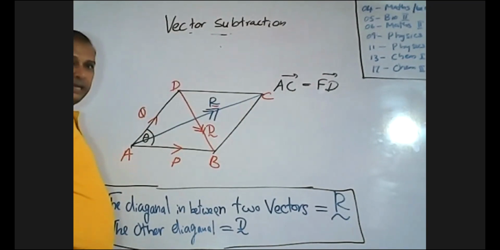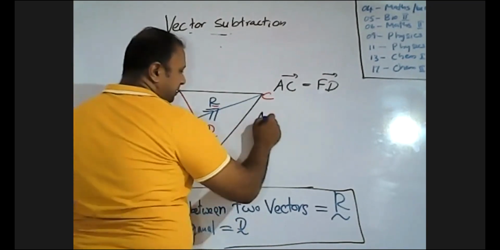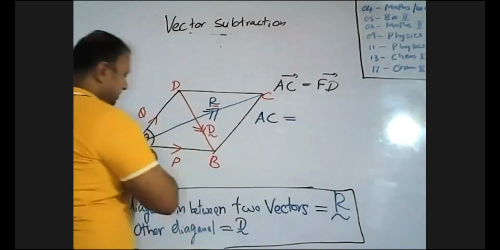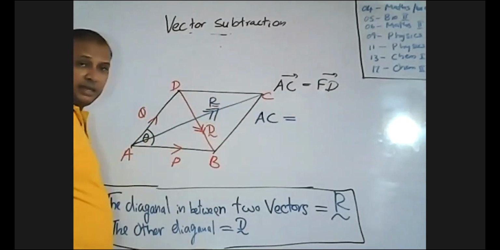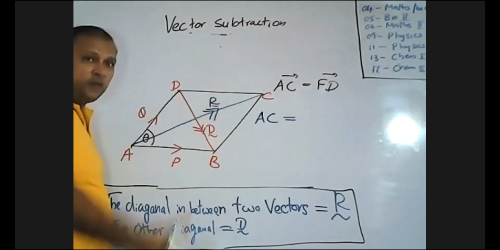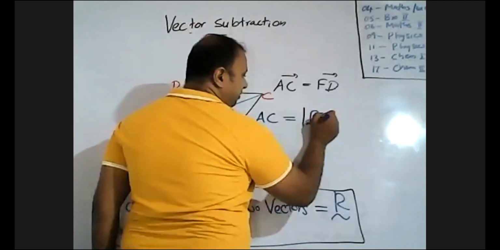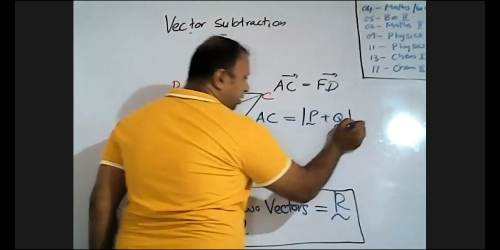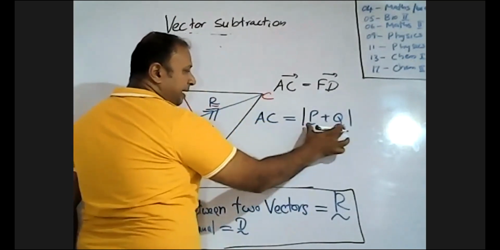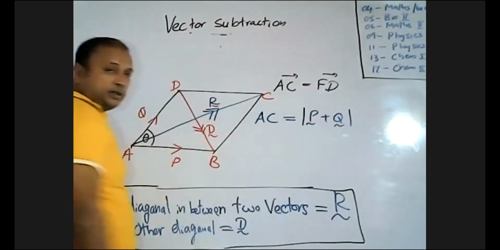AC means AC length. AC length is equal to the magnitude of the resultant force. So I can write it as the magnitude of P vector plus Q vector.